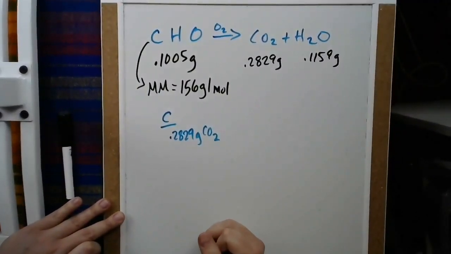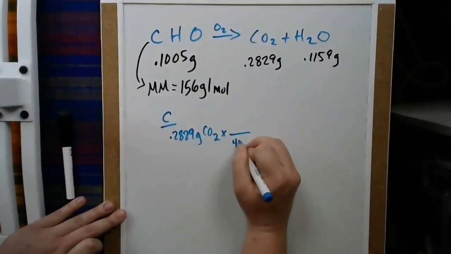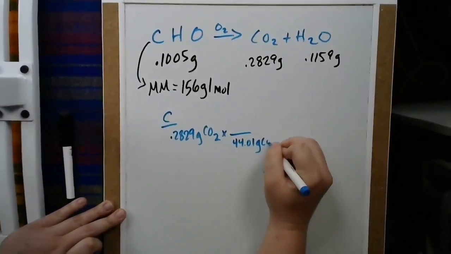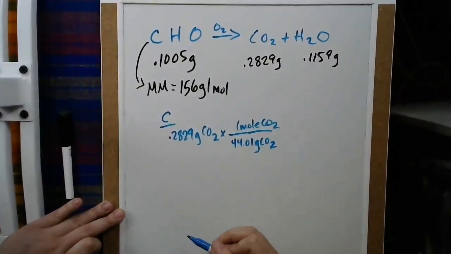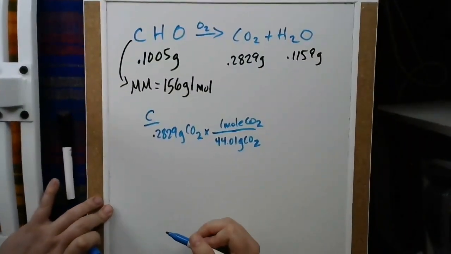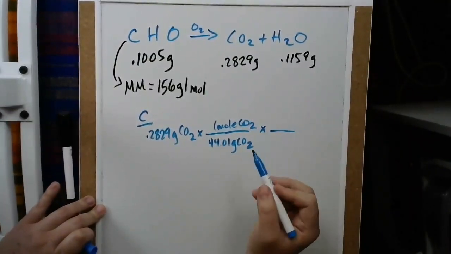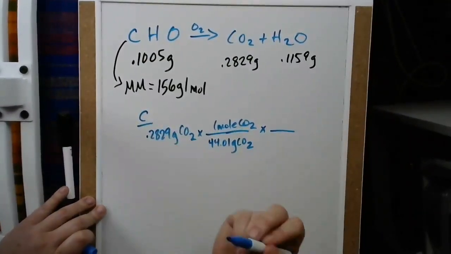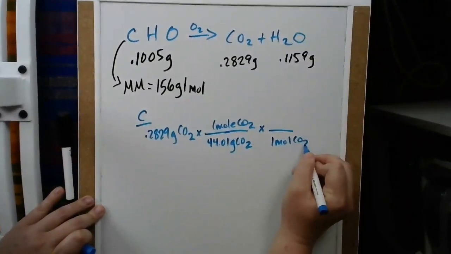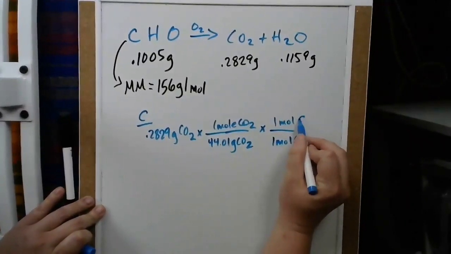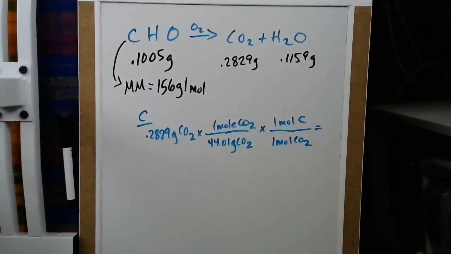My first conversion is going to be from grams of CO2 into moles. Okay. And once I have converted from grams of CO2 into moles of CO2, now I want to convert from moles of carbon dioxide into just moles of carbon. So every 1 mole of CO2 has 1 mole of carbon in it. Okay, it's a 1-to-1 ratio.